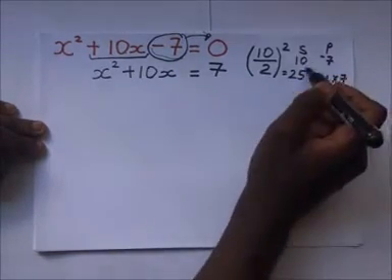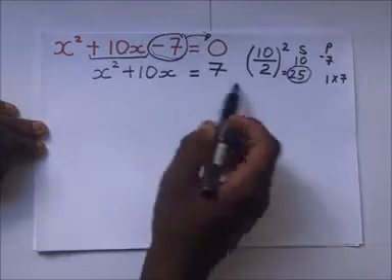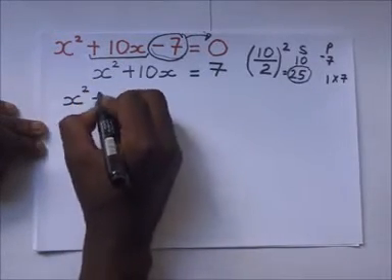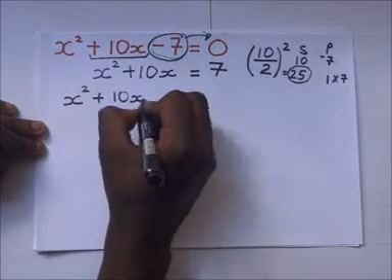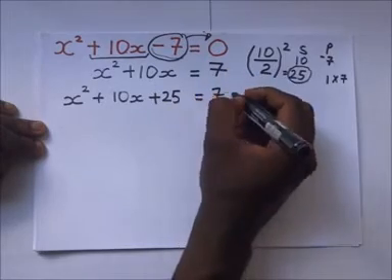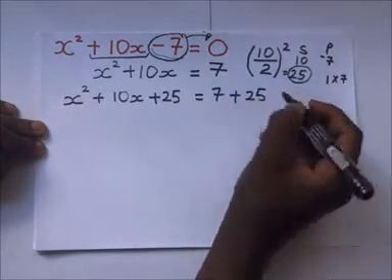So we get this 25 and we add it on both sides of this equation. So from this point we shall say it is going to be x squared plus 10x plus 25 is going to be equal to 7 plus 25.